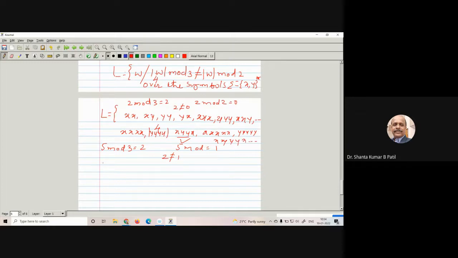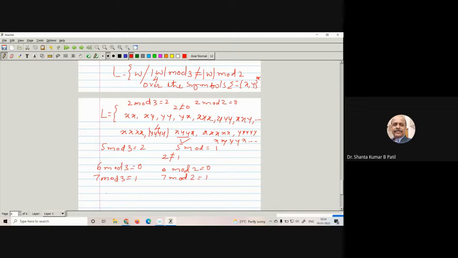How about 6? 6 mod 3 is 0 and 6 mod 2 is also 0, so 6 symbols should not be accepted. Even 7 symbols: 7 mod 3 is 1 and 7 mod 2 is also 1, so 7 symbols should not be accepted.